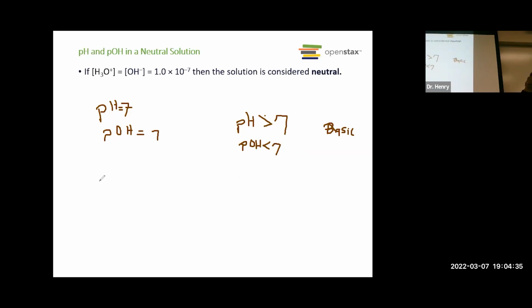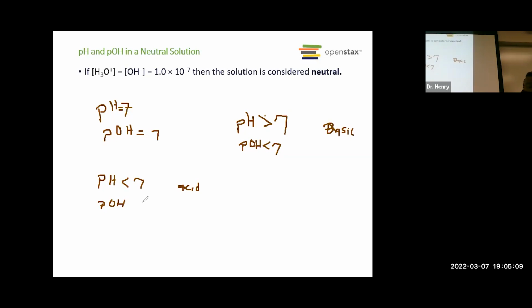Okay, so if our pH is less than 7, then it's an acid. And then our pOH, if it's less than 7, what was our pH?